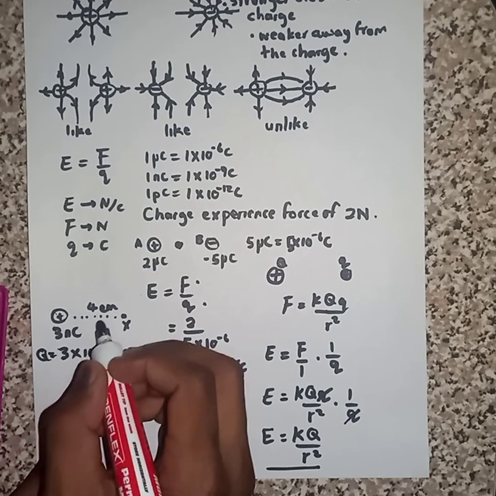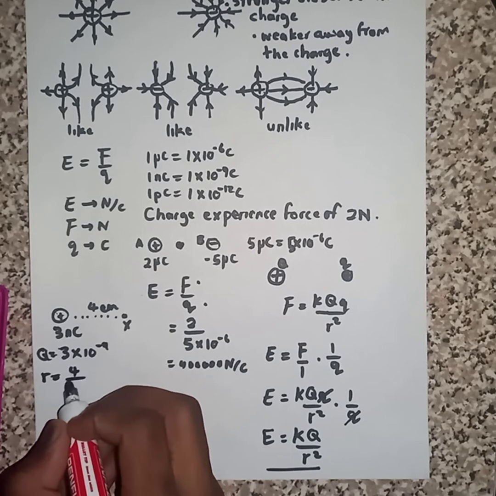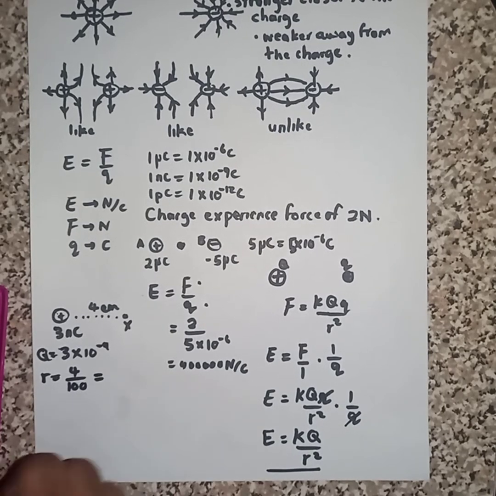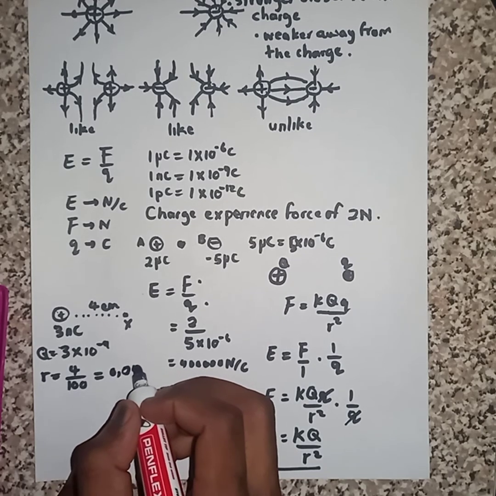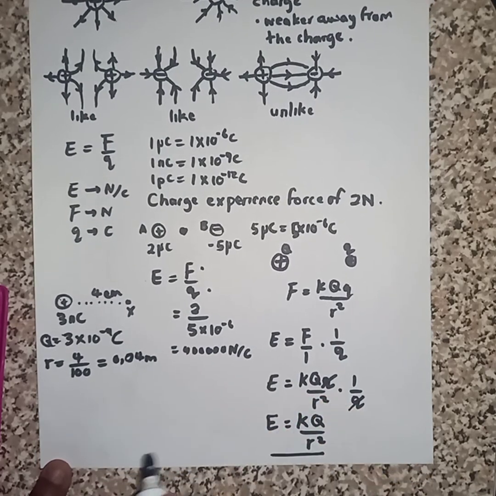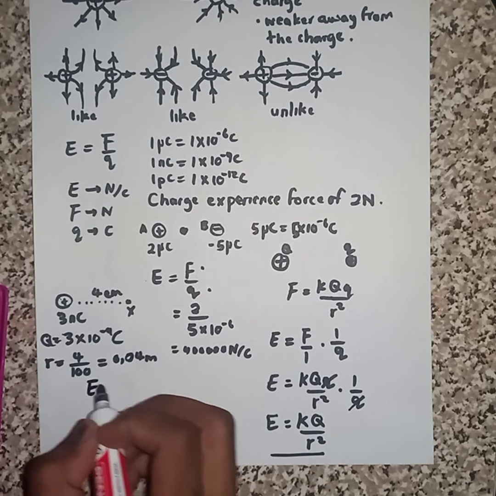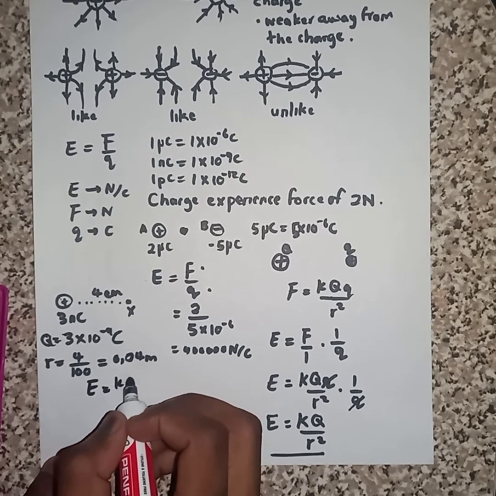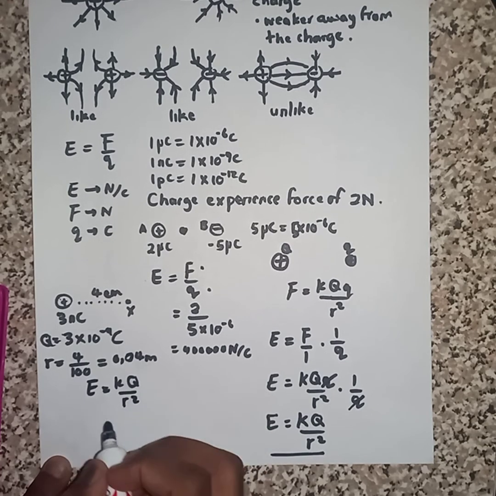Then let us divide our 4 by 100. Don't forget, from centimeter to meter, we divide by 100. We get 0.04 meters. Let us calculate now. Oh, I don't have space. You take this formula, K Q over R squared.